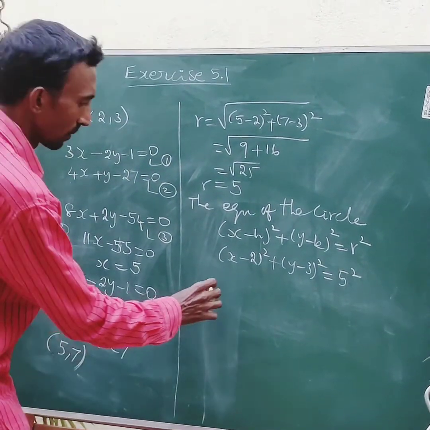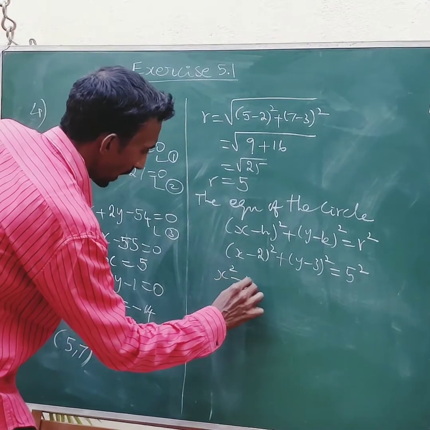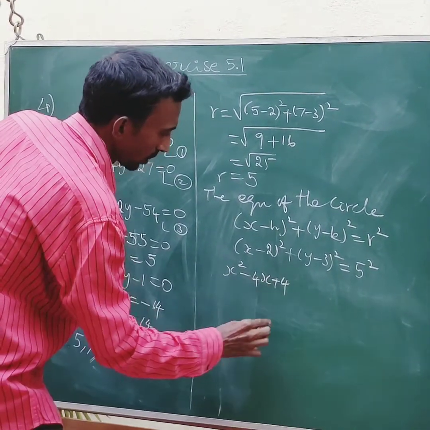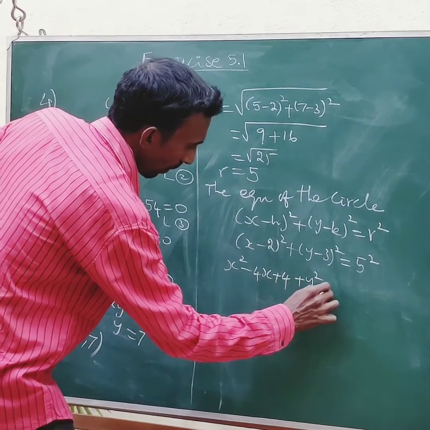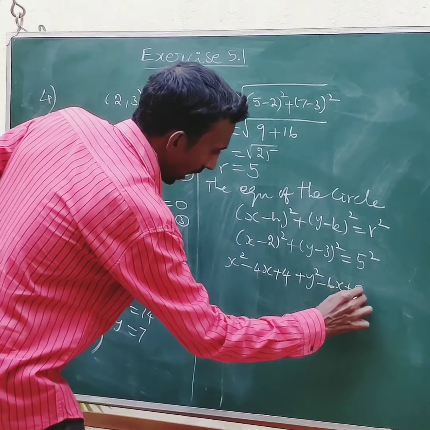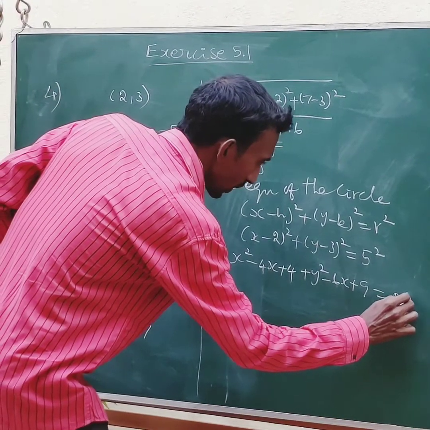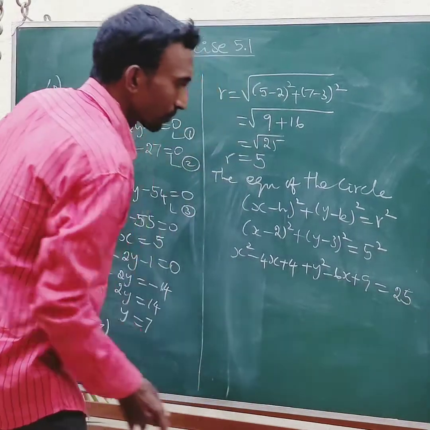Expand this equation: x square minus 4x plus 4. Similarly, y square minus 6y plus 9 equals 25.